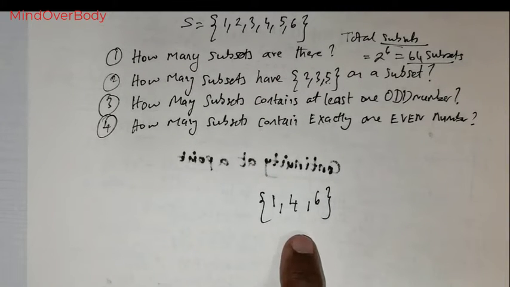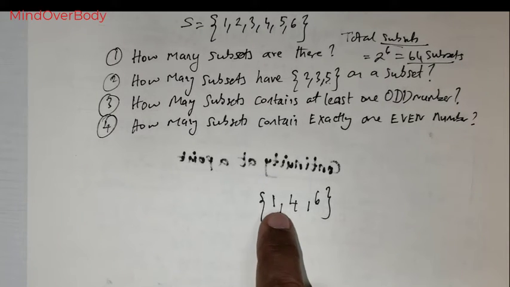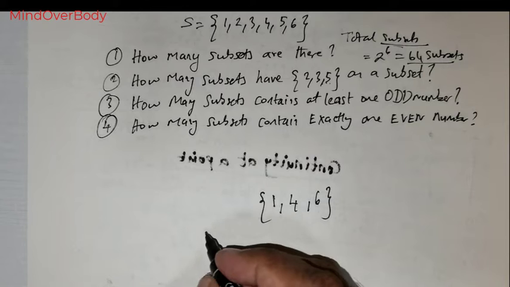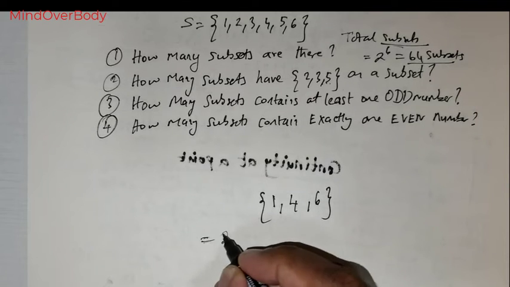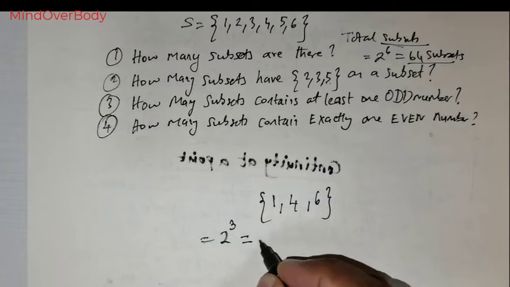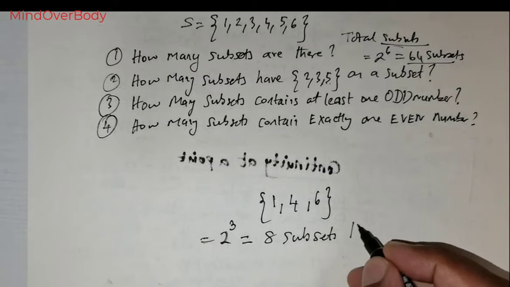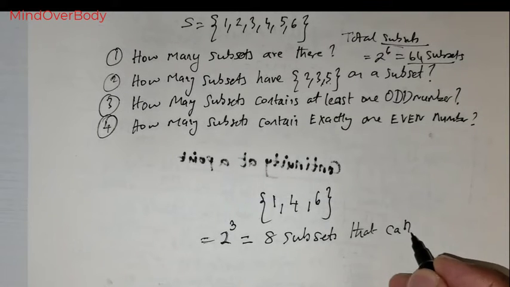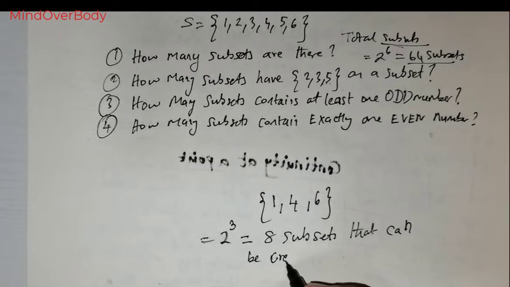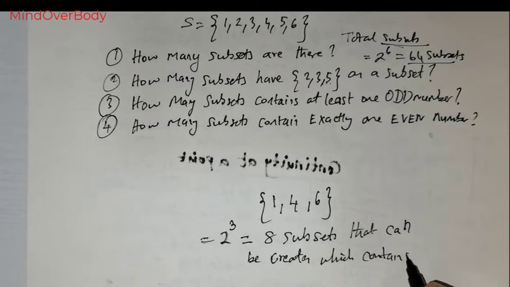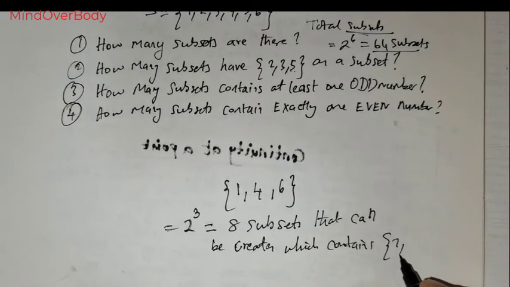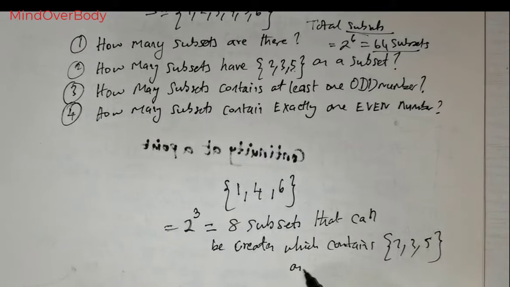Now our objective is to find all such sets that can produce {2, 3, 5} as one of its subsets. Now of course we got 1, 4 and 6 apart from the elements 2, 3, 5 mentioned here. If you were to take the subsets that can be created using 1, 4 and 6, the solution should be 2 raised to the power of 3, which is equal to 8 such subsets that can be created which contain {2, 3, 5} as one of its subsets.